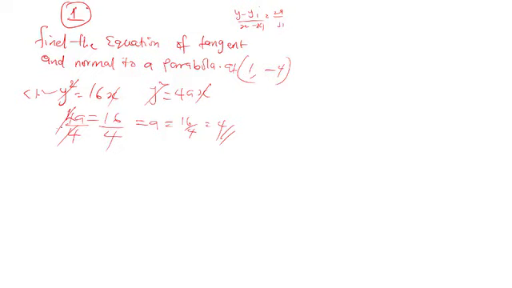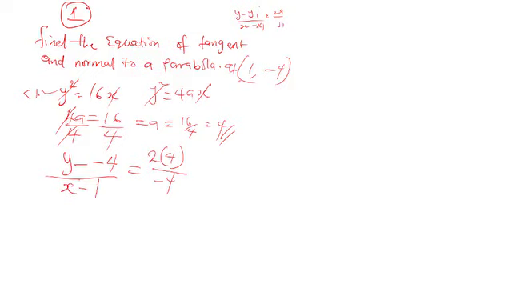Now I would like us to substitute these parameters into our given equation. We now have y minus y1, where y1 is minus 4, so y plus 4, all over x minus 1, which equals 2 times a, where a is 4, over y1, which is minus 4.